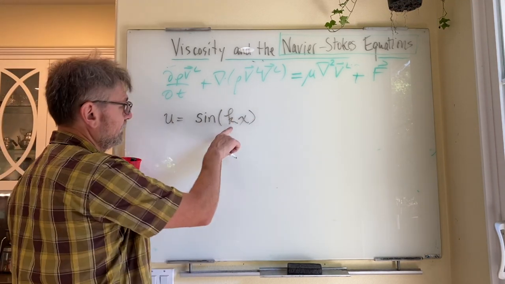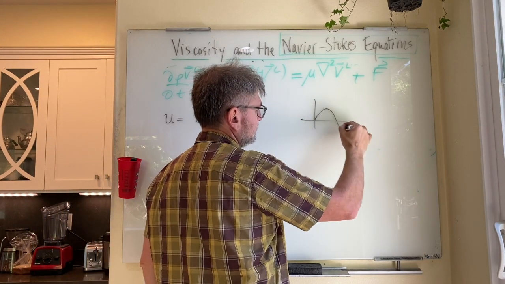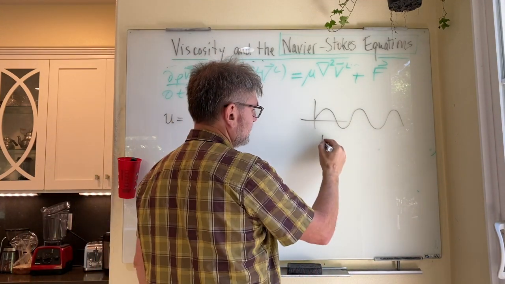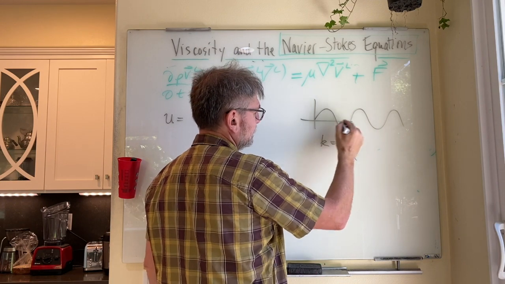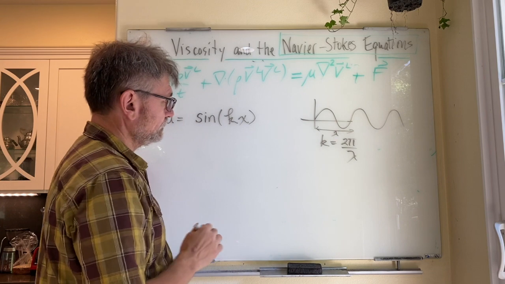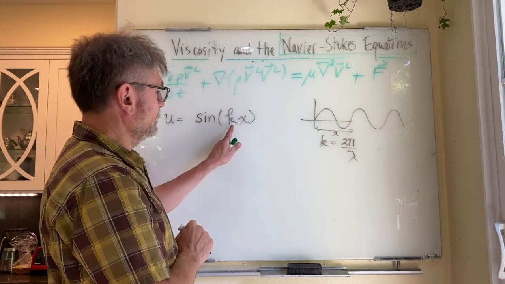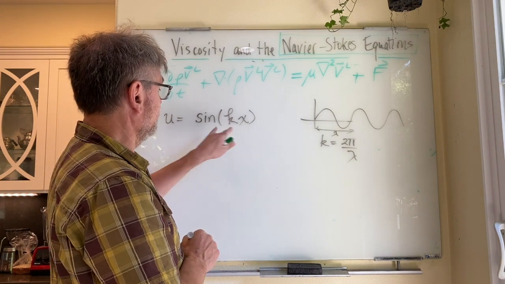This looks like an oscillation, right? And we can think of k as equal to 2 pi over lambda, where lambda is the wavelength. So lambda would be this length, and lambda has units of length, so that k has units of inverse length, so that k times x is dimensionless, so that we can take the sine of it.